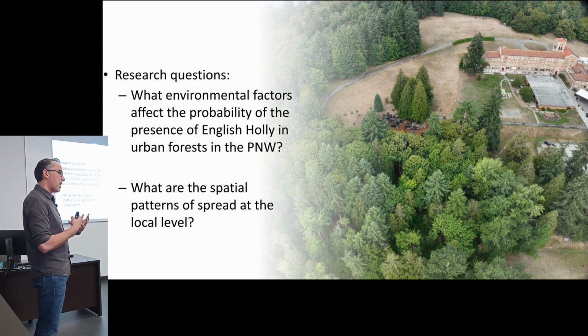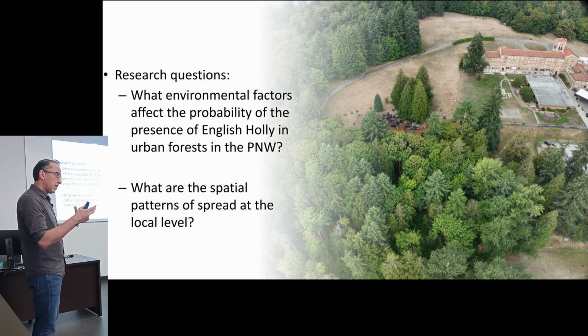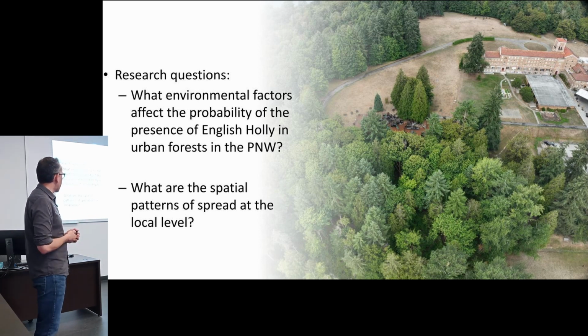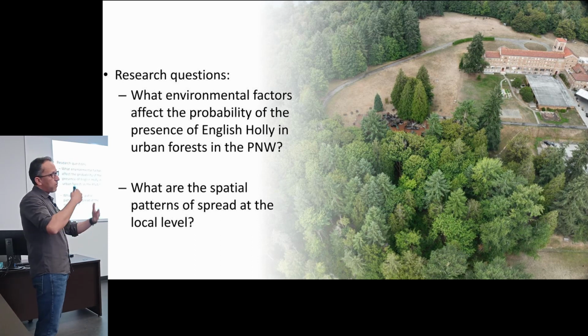If we are able to answer these questions locally, then the next question is, can we extrapolate these findings to the region, right? That's something that we also want to test at some point with more data. But for this presentation, we're going to stay local, here at Kenmore State Park, where we collected the data. And our results actually refer to the local site.